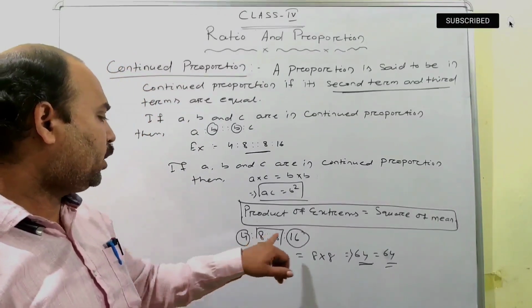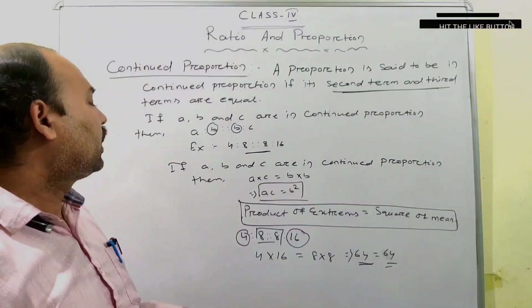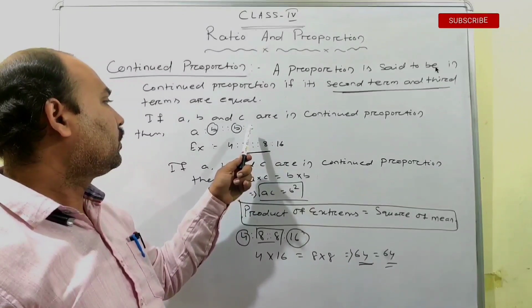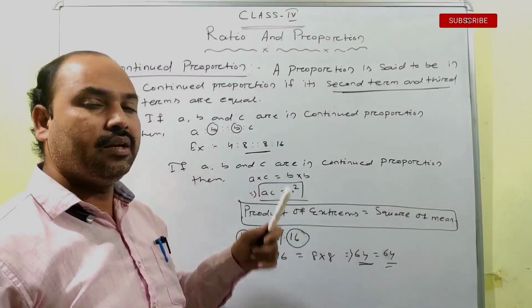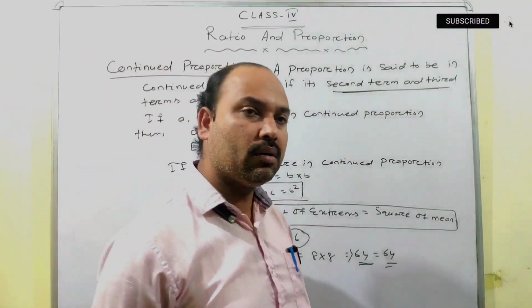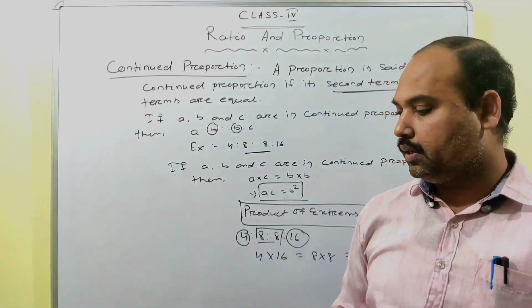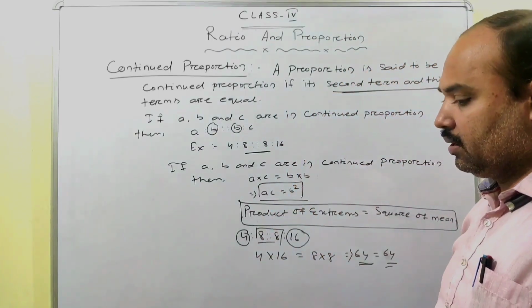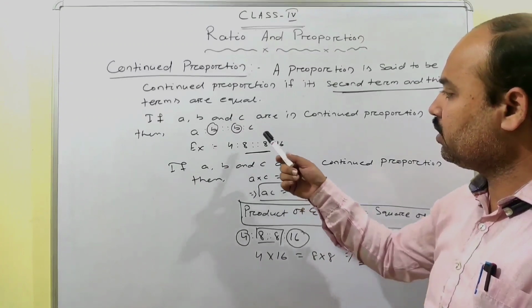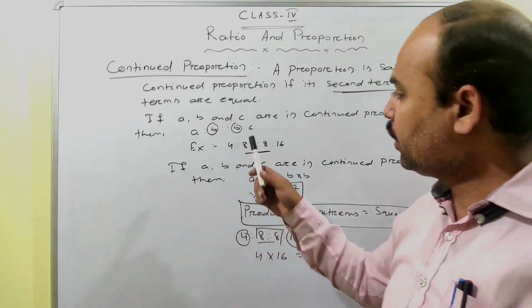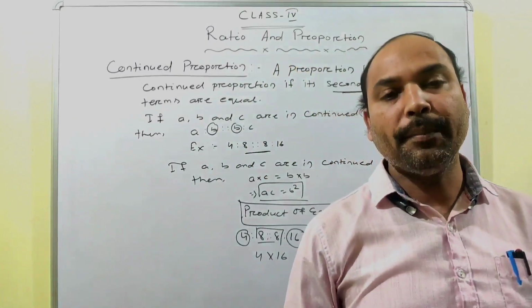Next, in this continued proportion, C is known as the third proportional and B is known as the mean proportional.